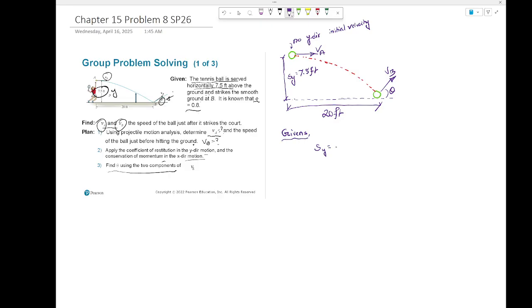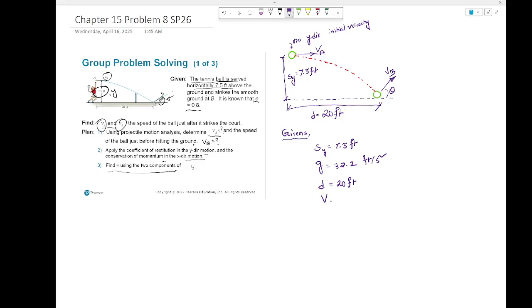So this Sy is y direction altitude, or this y direction distance, 7.5 feet. The gravity, 32.2, because you're dealing with the English unit, you'd like to use this 32.2, right? Not 9.81. Feet per second square, right? And the distance d, you can name this thing as d. The distance is like 20 feet.